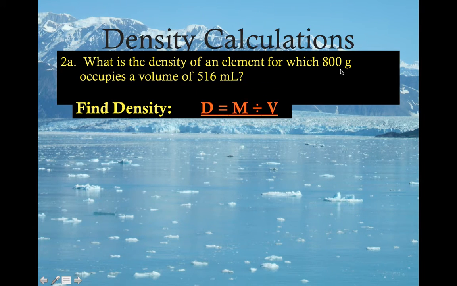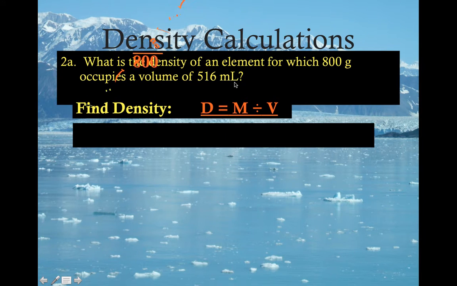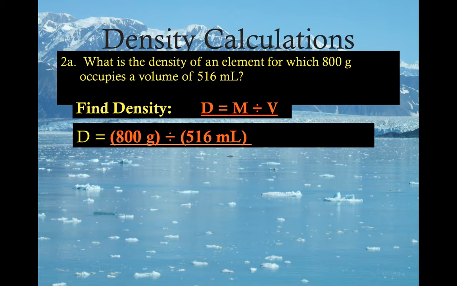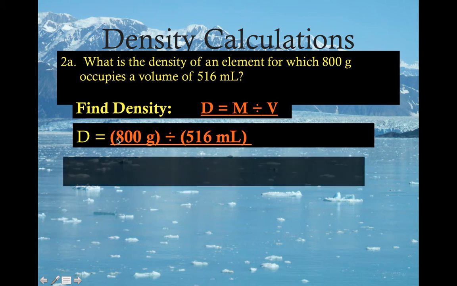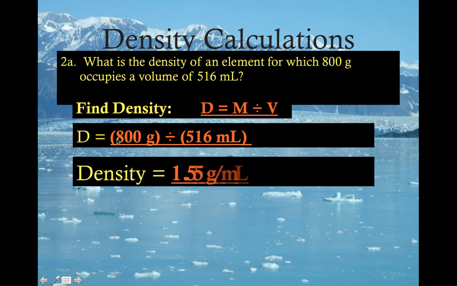We have to recognize this is a mass, this is a volume. And we let our calculator do the work. We can see it's going to be somewhere between 1 and 2, because 800 is bigger than 516, but it's not twice as big. It says 1.55 grams per milliliter.